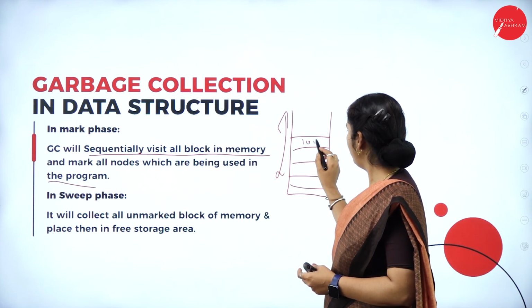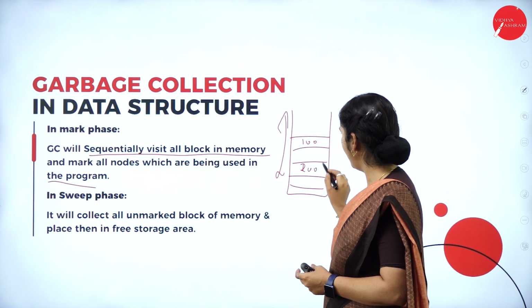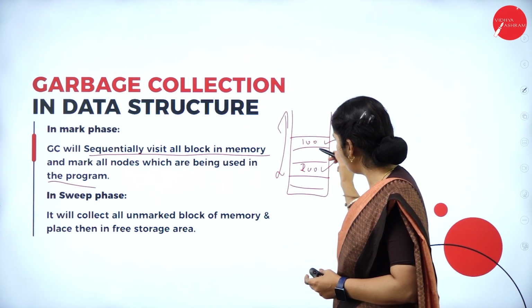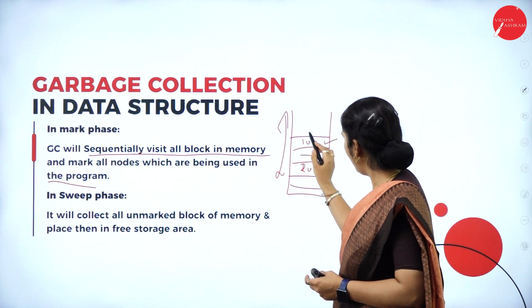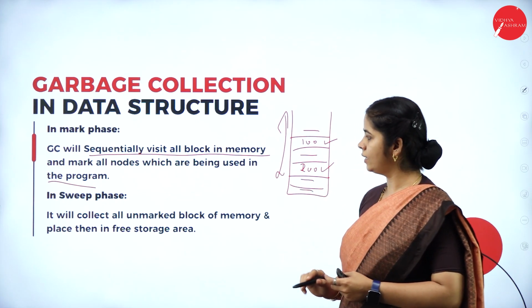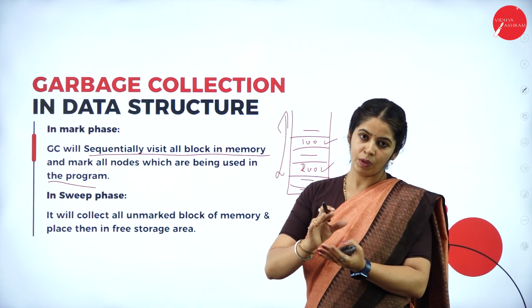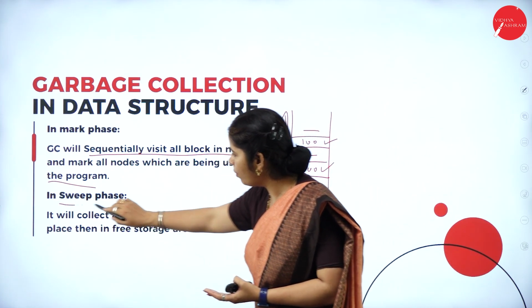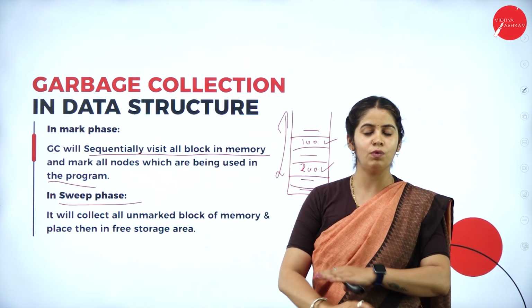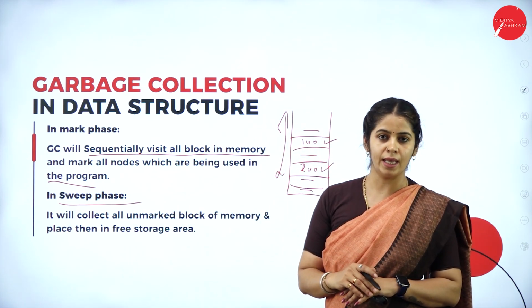If some memory blocks are used in the currently running program, it will mark those, and the remaining memory blocks will be collected and swept off in the second phase. They will be freed in the second phase.